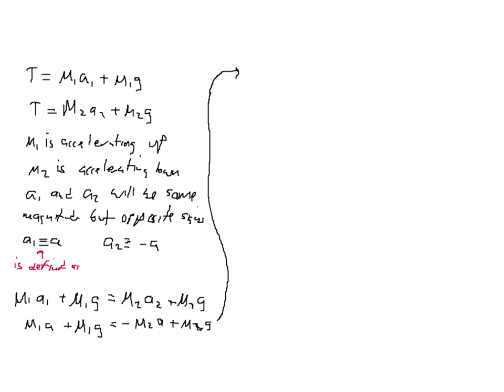So let's get the A terms on the same side of the equation. So M1A plus M2A equals M2G minus M1G. So what I did was I added M2A to both sides, and then I subtracted M1G from both sides.